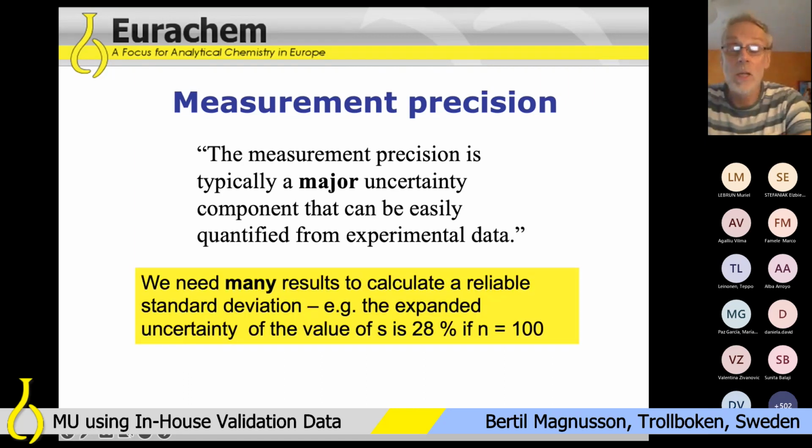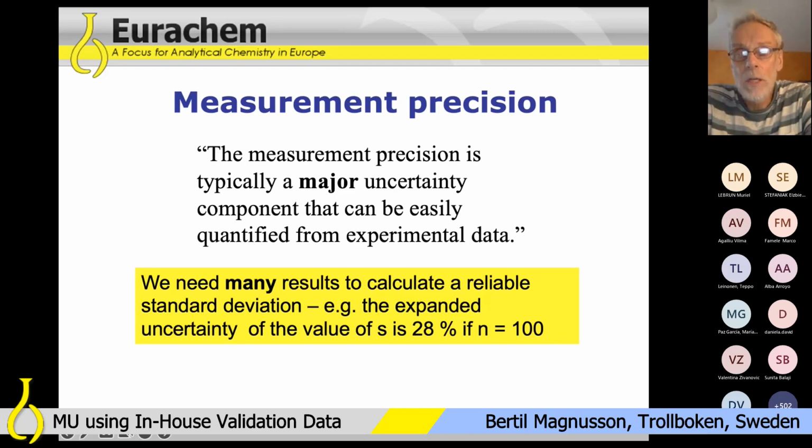The first thing is that we need extremely many results to get a good estimate of a standard deviation. For example, if I have 100 data and I calculate a standard deviation of 10, that standard deviation, if I would repeat it, could be anywhere between 7 and 13.